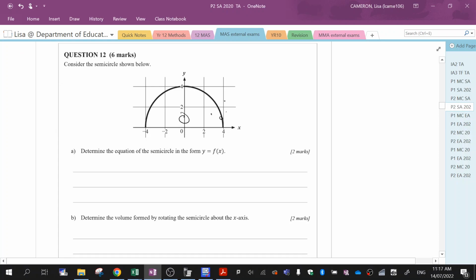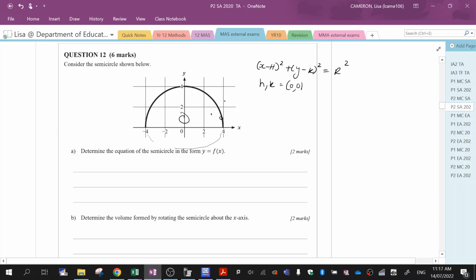So just like it was displayed on my calculator, (x minus h) squared plus (y minus k) squared is equal to the radius squared. Now, if I think about this as a full circle, then it has a center at (0, 0), meaning h and k are both equal to 0.